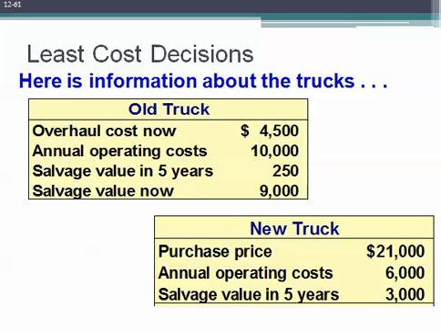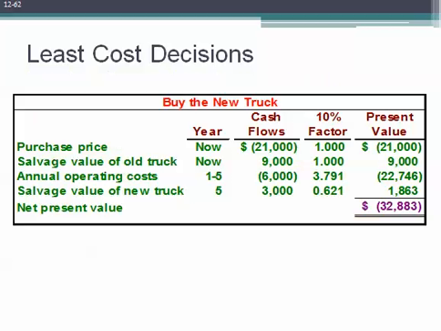Let's go ahead and look at the present value of the cash flows associated with keeping the old truck or purchasing the new truck. First, let's look at the cash flows associated with buying the new truck. We had a cash outflow now of $21,000 to purchase the new truck, but we could get a trade-in on our old truck of $9,000. That was going to be a cash inflow.